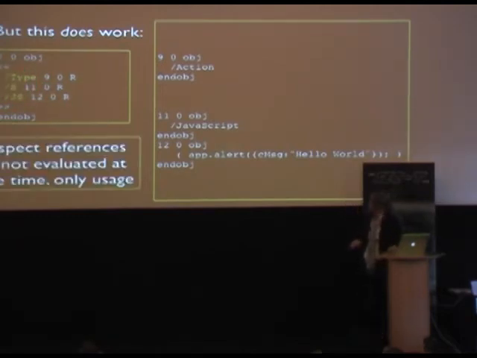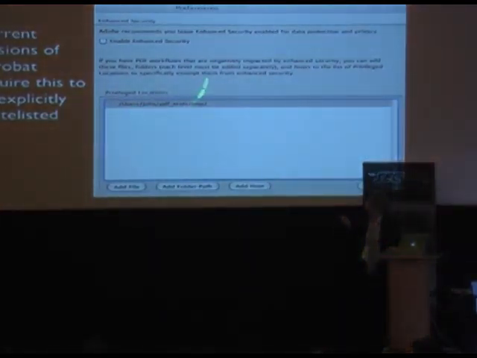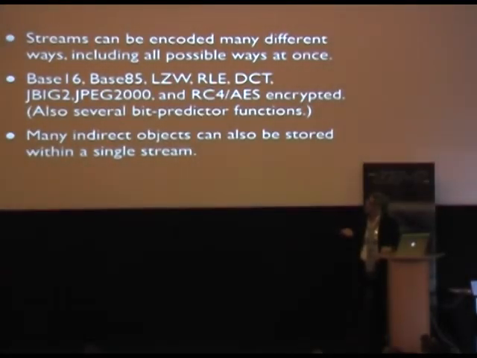Anyway, like I said, you can read a stream from a file on the disk. In newer versions of Acrobat, this is restricted and you have to turn it on. It's in this menu here, and there's a ton of other stuff you can do on the streams.